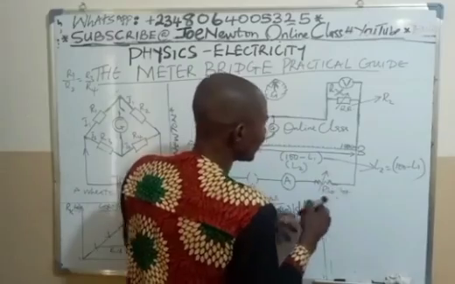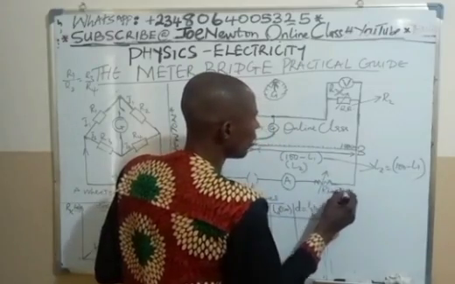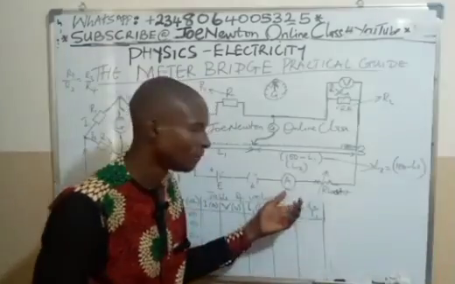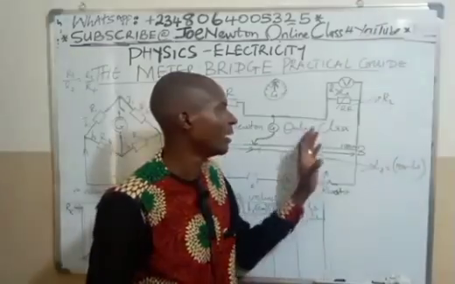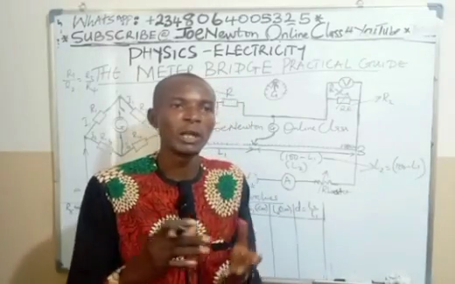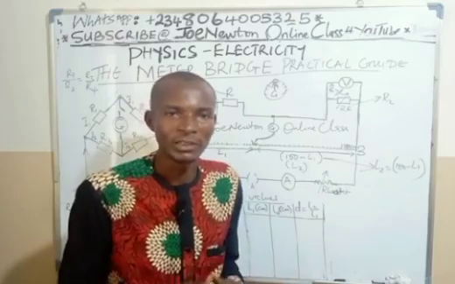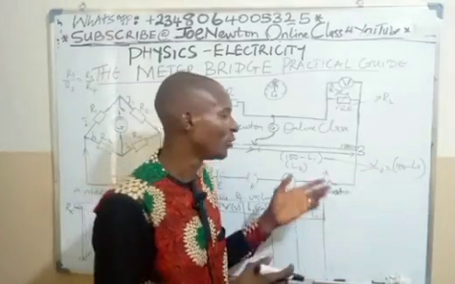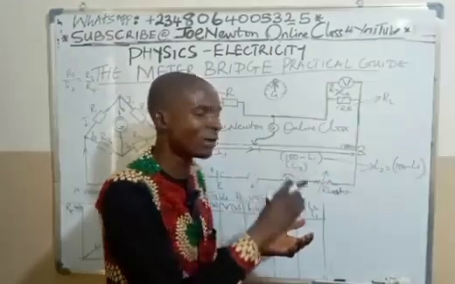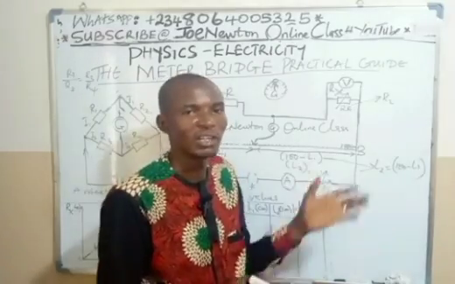Then we have the rheostat. The rheostat is for varying the current value in the experiment, especially when you are not provided with certain values of current to be determined. You can use the rheostat to vary the values of the current reasonably as you proceed in the experiment.